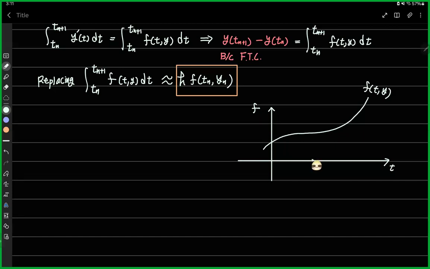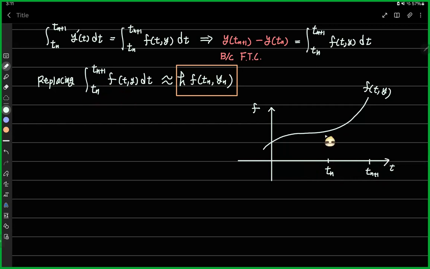Now let's say tn is right there, and here's tn plus one. Just take a look at the definite integral of f from tn to tn plus one.